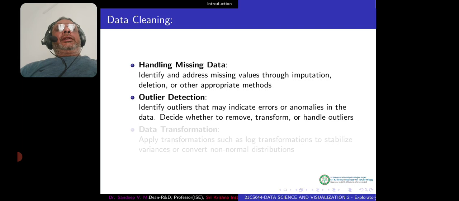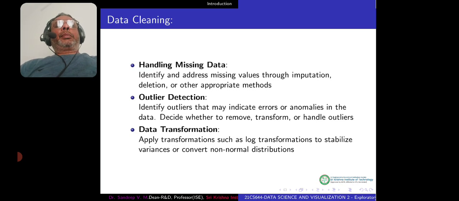So identify the outliers that may indicate errors or anomalies in the data. We need to decide whether to remove, transform, or how to handle these outliers. Various techniques are there for handling these outliers. Depending on the situation, we should be able to use the appropriate method and justify it.